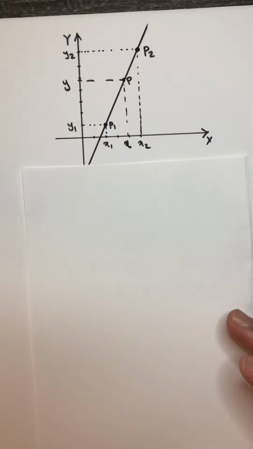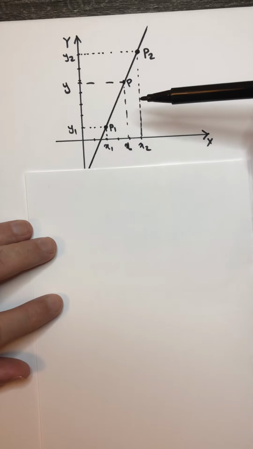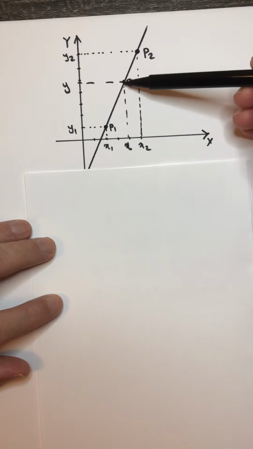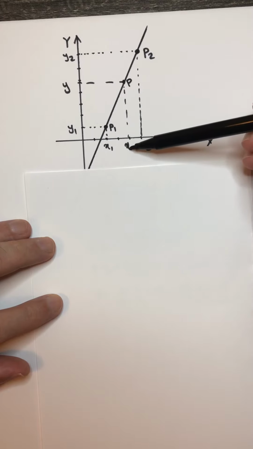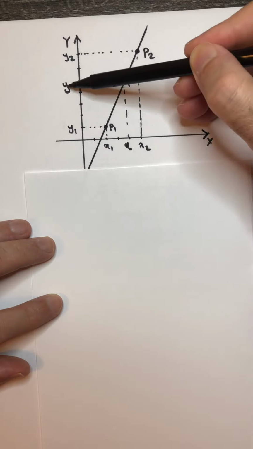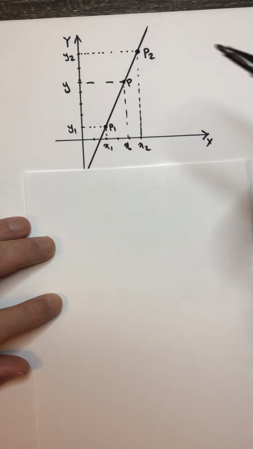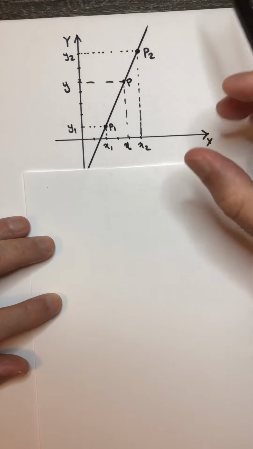Here we want to reach the same result but with a different approach. In this method, we consider an arbitrary point P on the line with the x coordinate of x and y coordinate of y. So then we find the slope of the line twice.